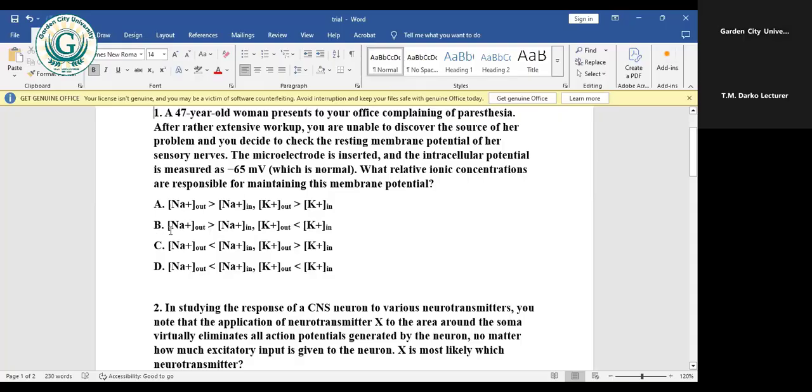Now look at option B. Option B also states that concentration of sodium out is greater than concentration of sodium inside, and concentration of potassium out is less than concentration of potassium inside. True or false? True.